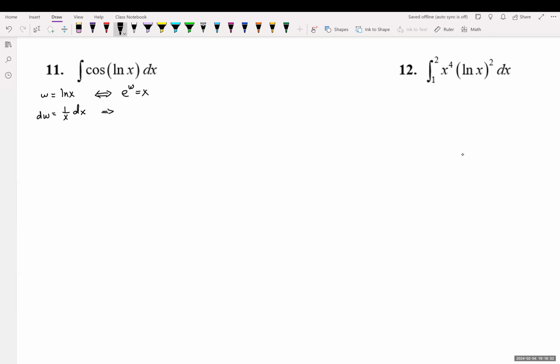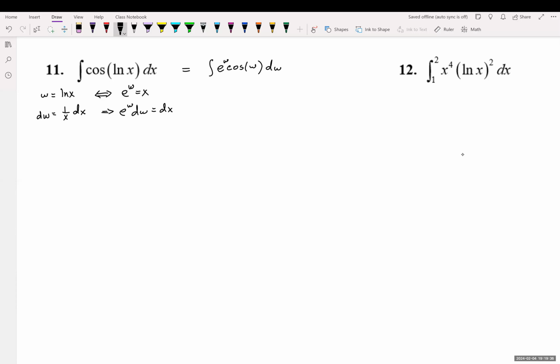So this becomes e to the w dw equals dx. Let's see what this gives us. This is going to give us the integral of cosine of w, like that. But then dx in back is going to become an e to the w dw.